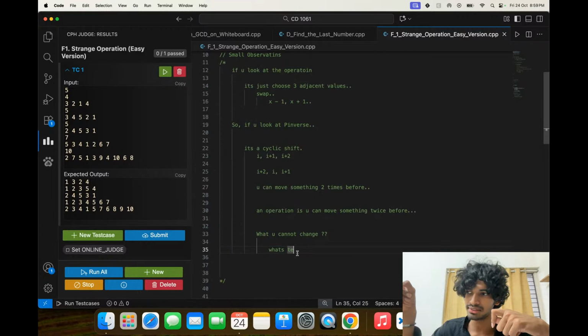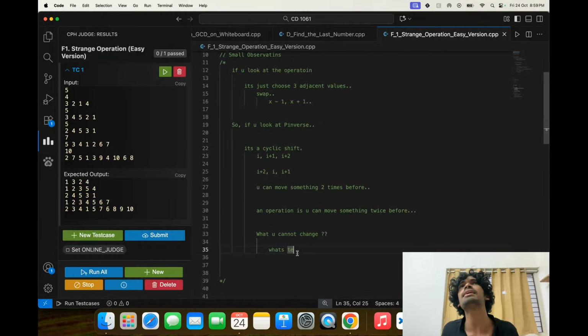Whatever I do, 1 cannot come here. 1 can only come to 2. What does that mean? 1 cannot come first. You can move twice, but 1 cannot come first.